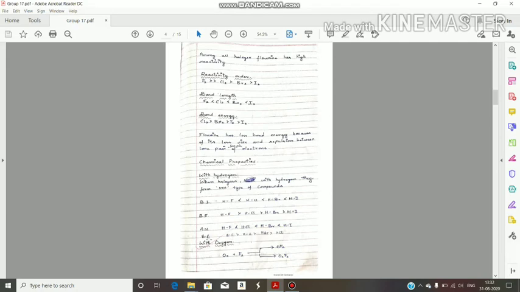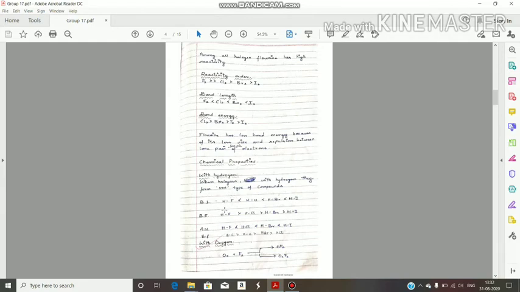Next, boiling point. We know that boiling point depends on two factors. One is molecular weight and one more is hydrogen bonds. Actually, as per molecular weight, HI having more molecular weight, so automatically it should have more boiling point. But HF exhibits more boiling point because of hydrogen bond.